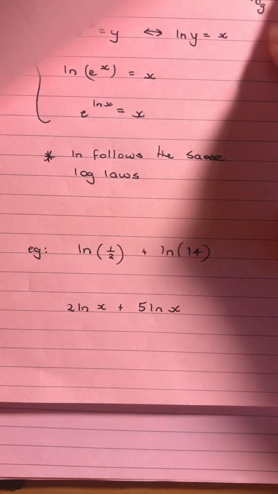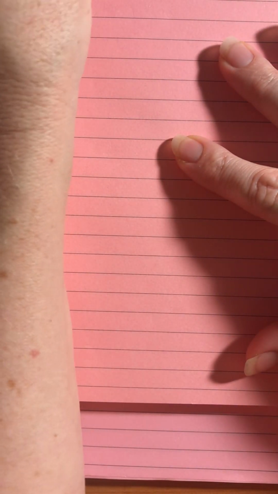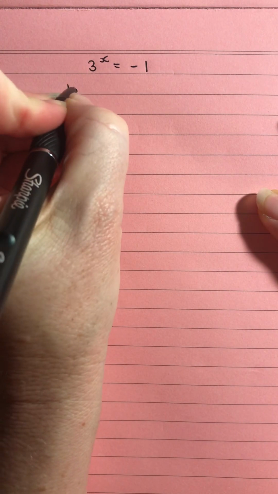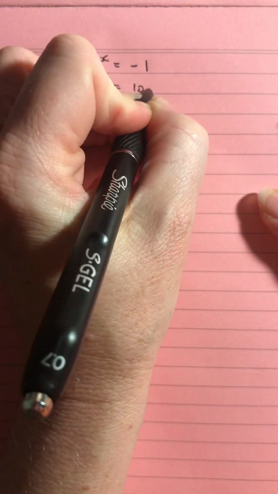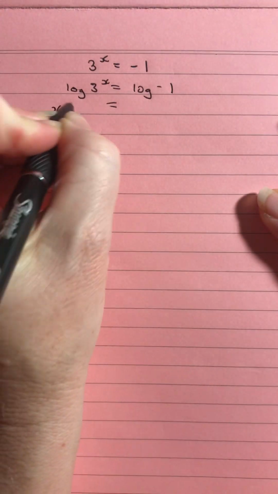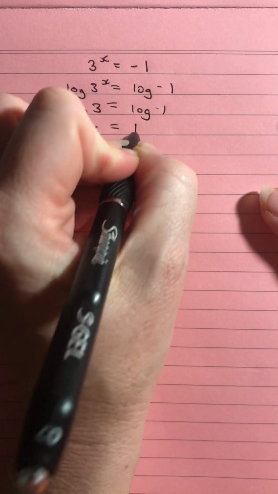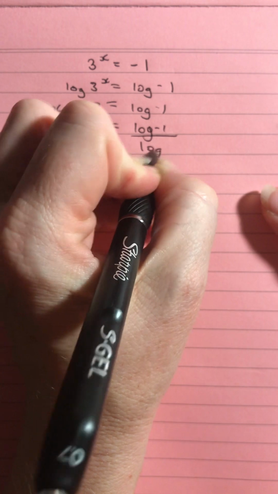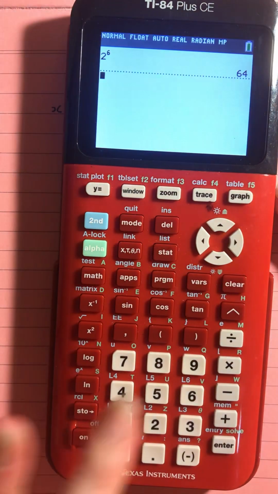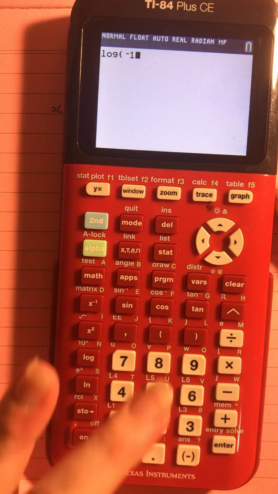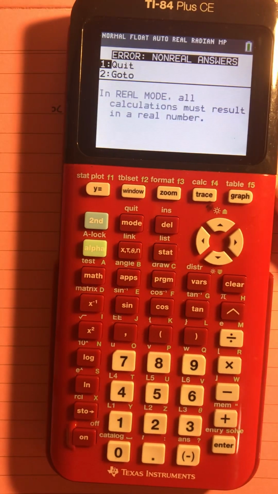And I might have to try, if I've got 3 to the x equals negative 1, if I'm not sure what to do with that, I could do log 3 to the x equals log negative 1, bring that x down, and we're going to see what our issue is in a second. x is equal to log negative 1 on log 3, and if you hadn't remembered, when you do log of negative 1, you'll notice we can't do that because it's a non-real number.